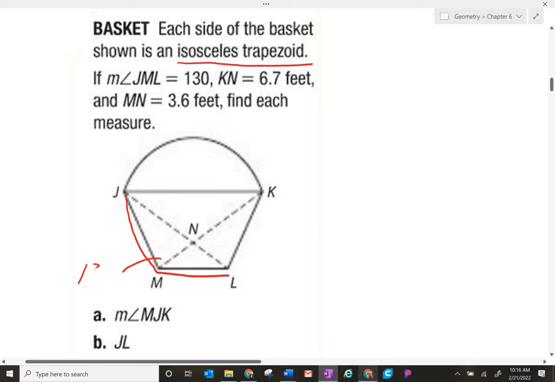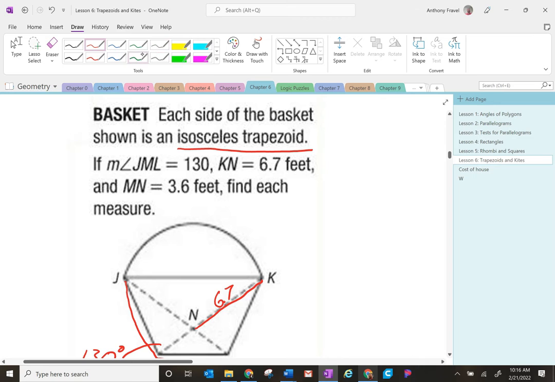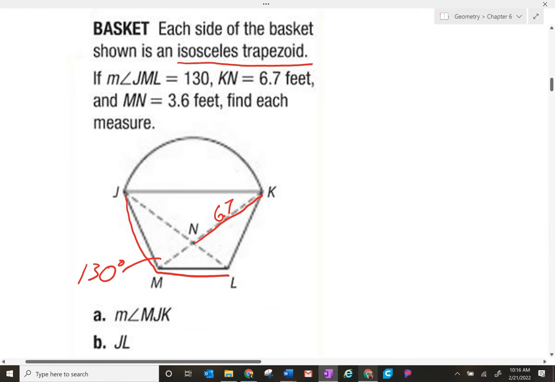That angle is 130 degrees. KN, the length of this line segment, is 6.7 feet. So from here to here, that's 6.7. Let me get a different color pen so I can show this last part. MN, this line segment to here, is 3.6.